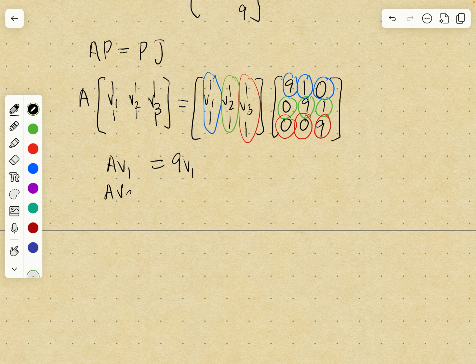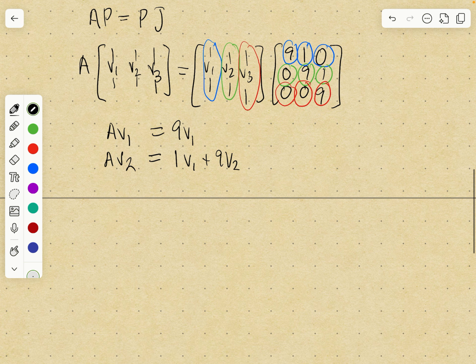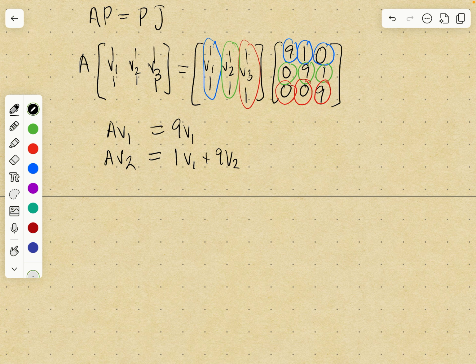The second column on the left is AV2, and the second column on the right is 1V1 plus 9V2 plus 0V3. The third column on the left is AV3, and the third column on the right is 0V1 plus 1V2 plus 9V3.